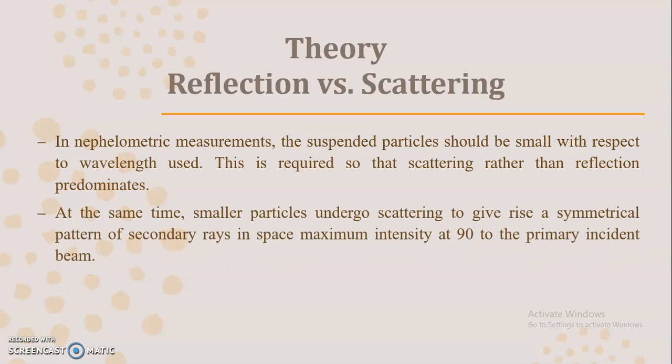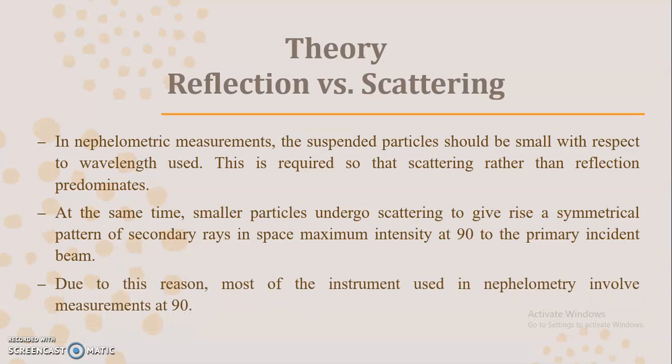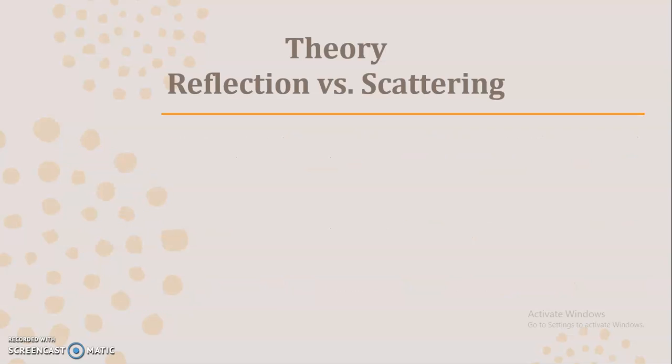At the same time, smaller particles undergo scattering to give rise to a symmetrical pattern of secondary rays in space, with maximum intensity at 90 degrees to the primary incident beam. Due to this, most of the instruments used in Nephelometry measure at 90 degrees.